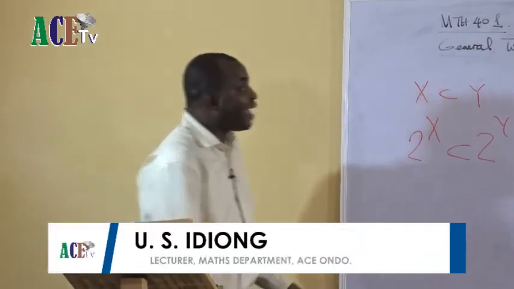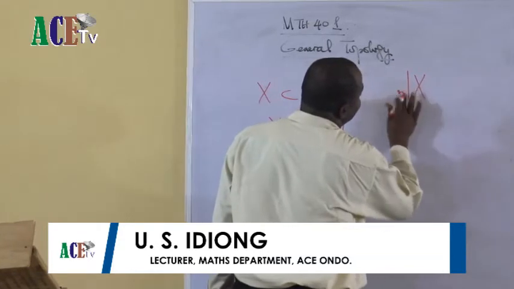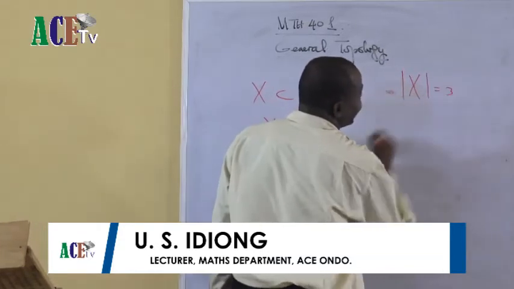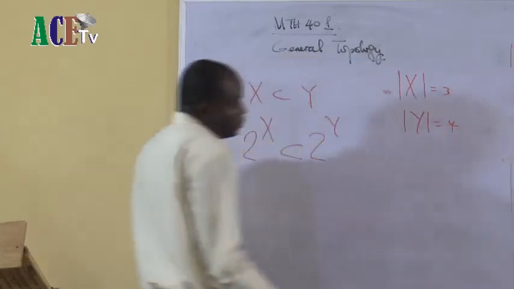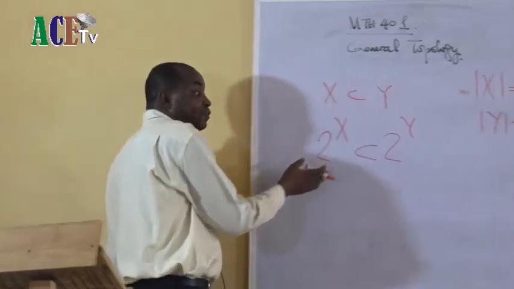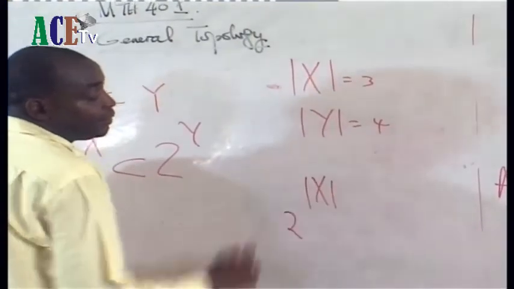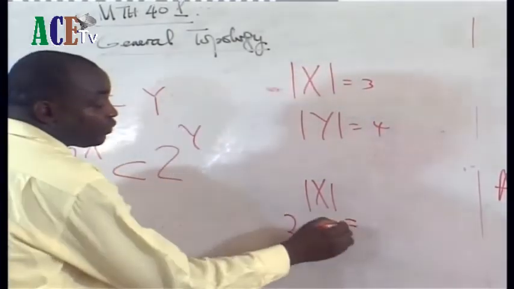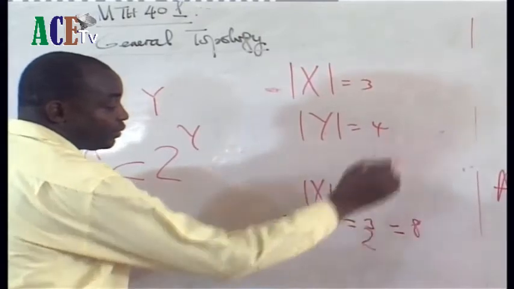Okay? Let's assume that the cardinality of X is 3 and the cardinality of Y is 4. What are we saying? If you want to find the cardinality of the power set, that will be 2 raised to the power the cardinality of X, which gives you 2 raised to power 3, and that is 8.